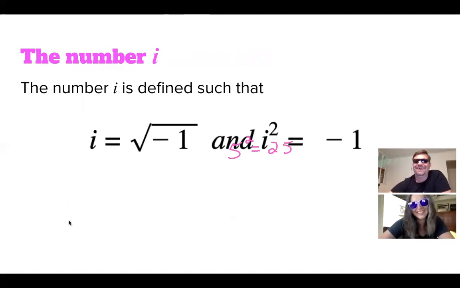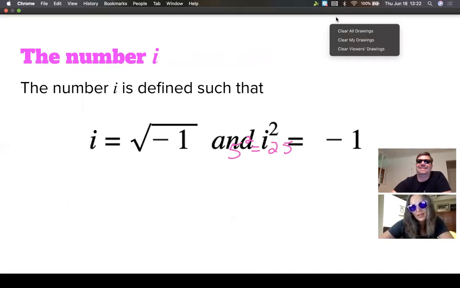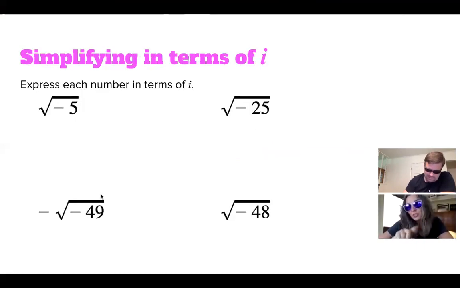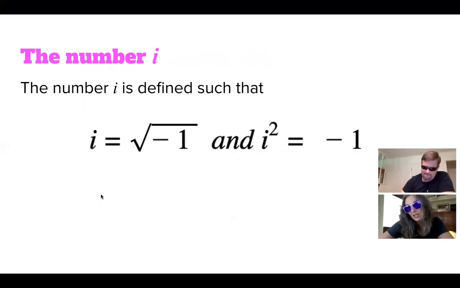So here's what happens, guys. If we want to turn an imaginary number into a real number, we just need to undo the square root that made it an imaginary number.